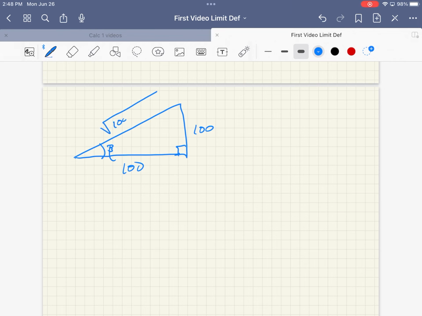So this now is the square root of 100 squared plus 100 squared. Now if I do the same sort of thing, keep in mind, I'm wondering how fast this is rotating. So if I say tangent of beta is equal to y over x, then I would have x tangent of beta is equal to y.